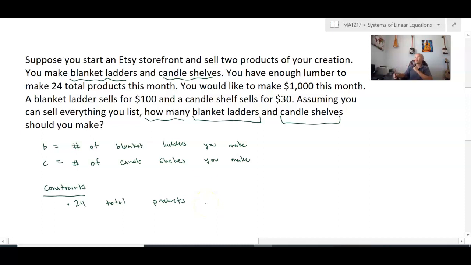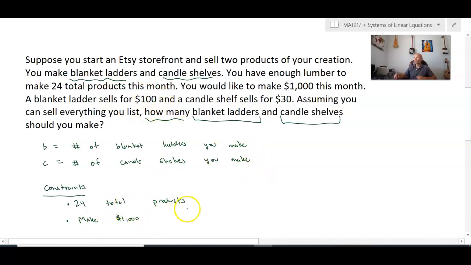Now, you also want to make $1,000 this month. Now, your cost, what you're going to sell them for, $100 for the blanket ladder and $30 for the candle shelf. Sure, those are constraints, but they're not going to directly affect your end outcome here in terms of how many products and how much you're going to make. You're selling these at a fixed price.